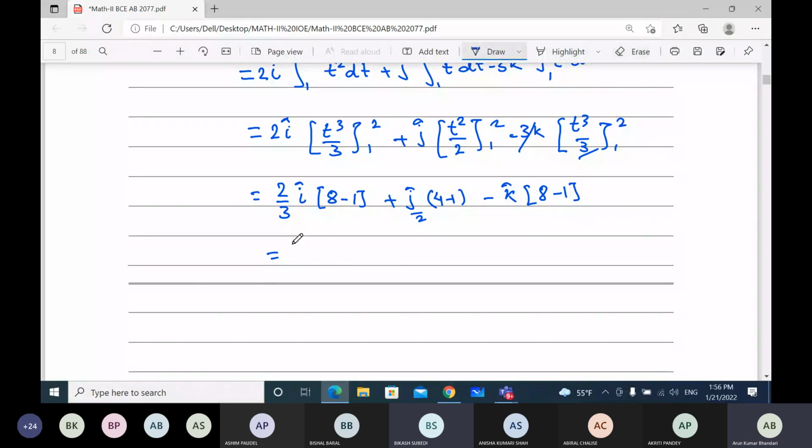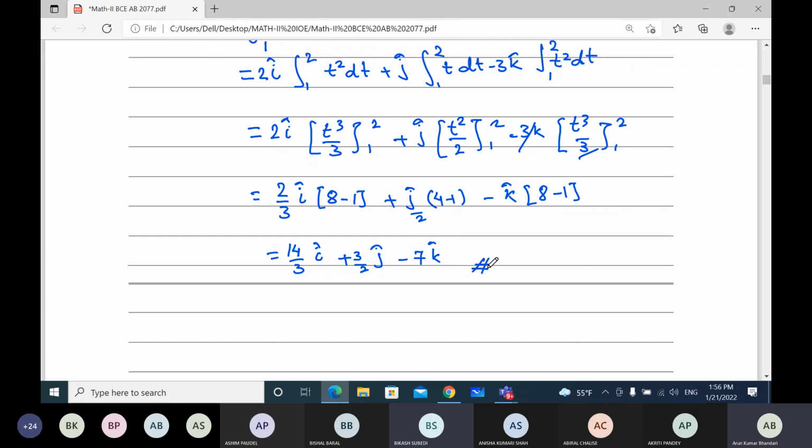This is 14 by 3 i plus 3 by 2 j minus 7k. This is your answer. There is nothing much in it.